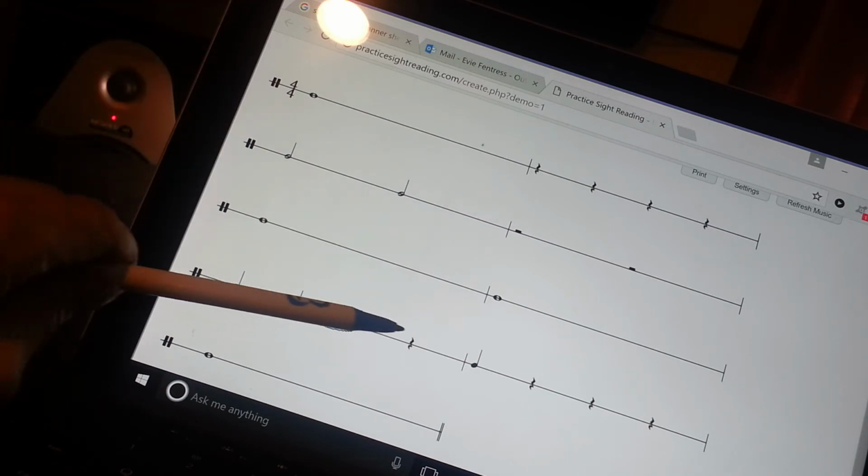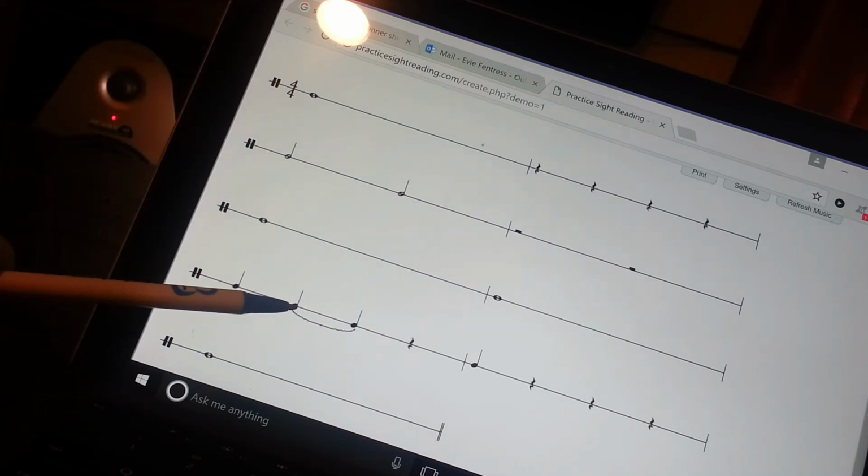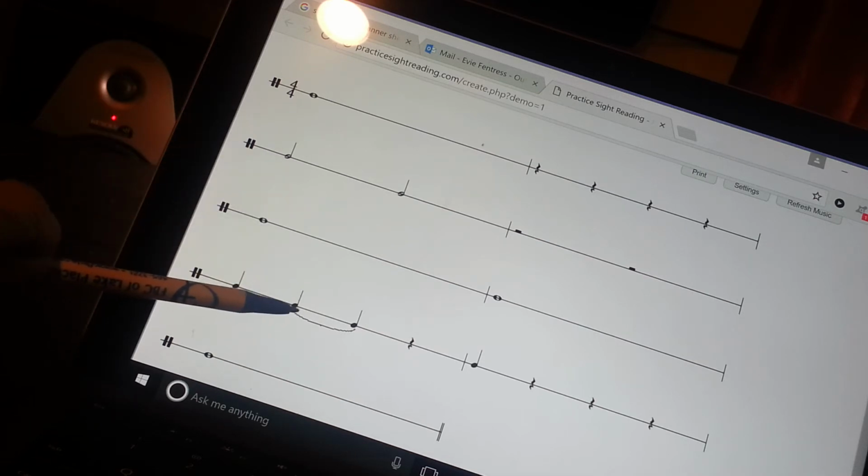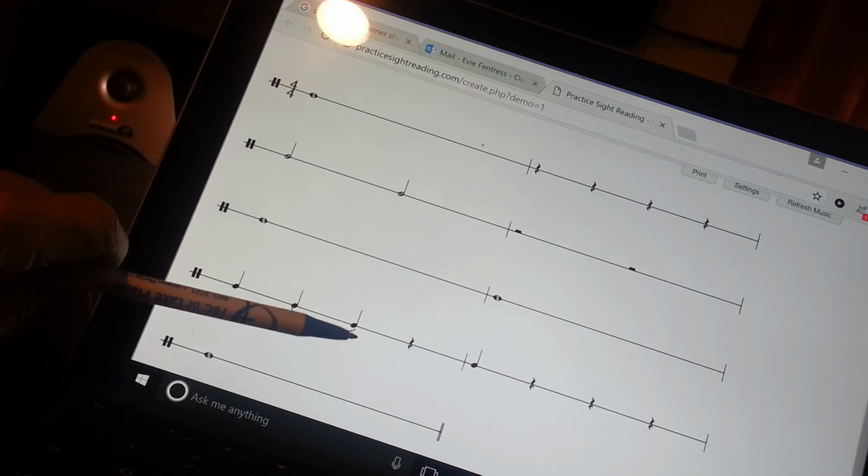Now in this measure, I see a curved line joining the 2 quarter notes. Do you remember what that is called? When the line is connecting 2 notes of the same pitch, it is called a tie. So what we have is a quarter note tied to a quarter note.